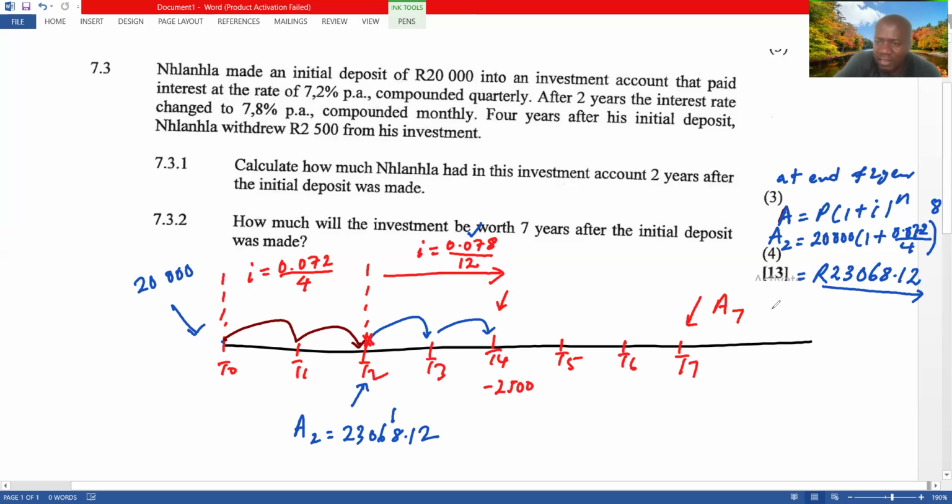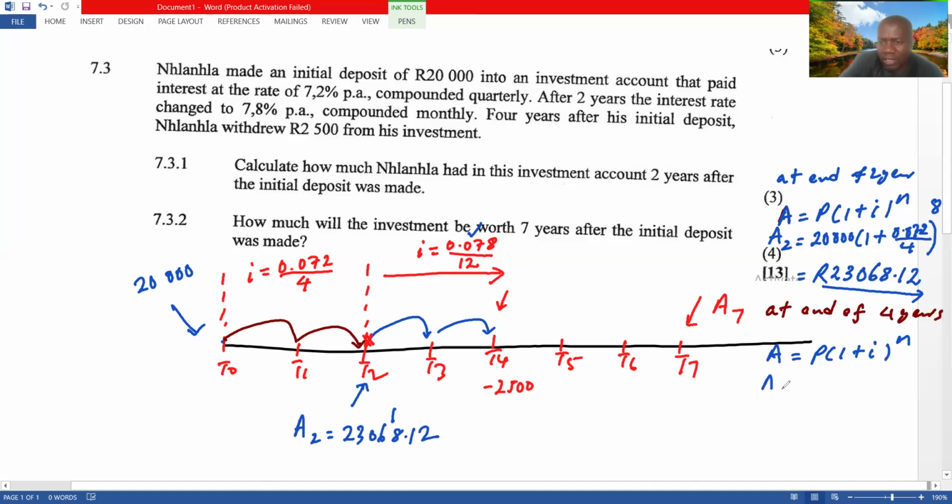So at the end of 4 years, using the same formula, A equals P into 1 plus i to the power of n.